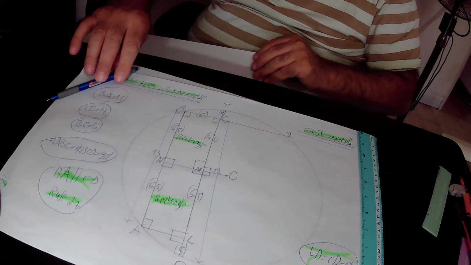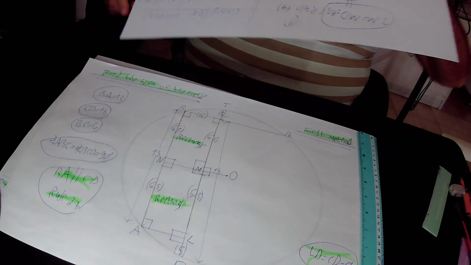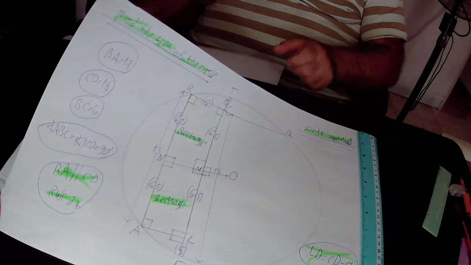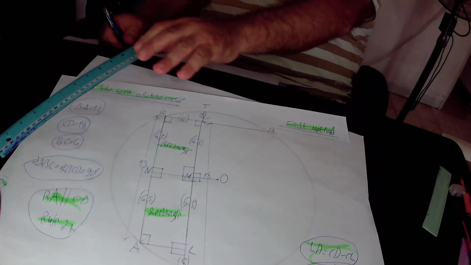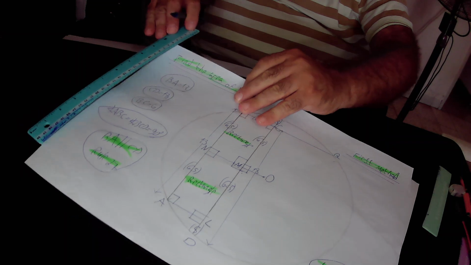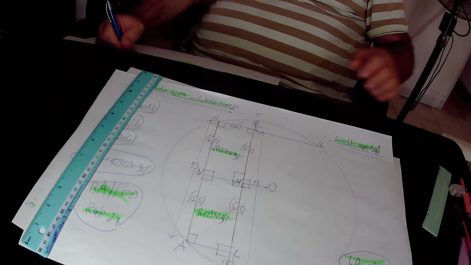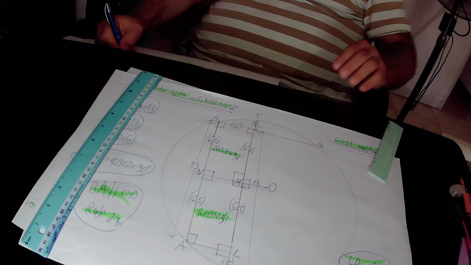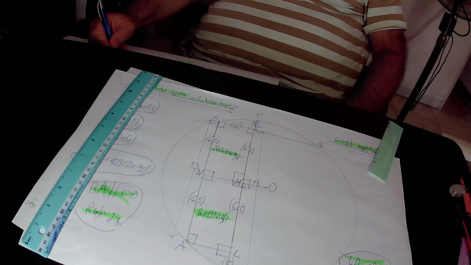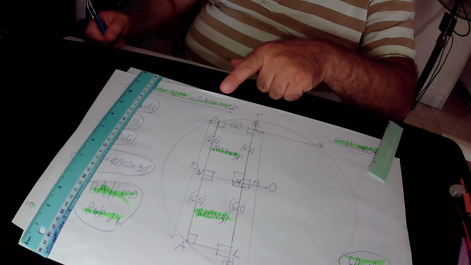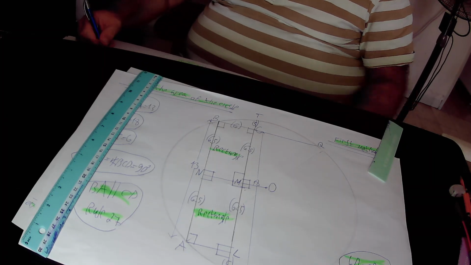So write it down: TC times CD equals BC times CQ.